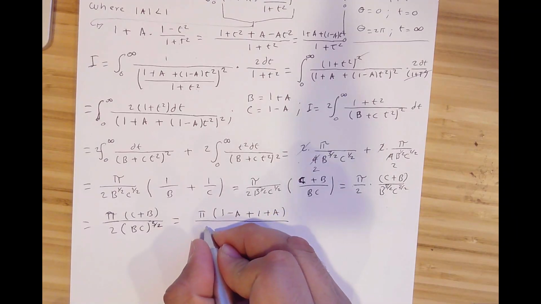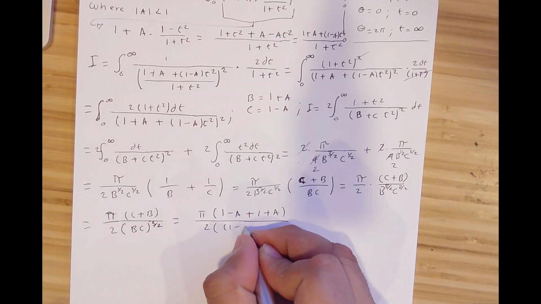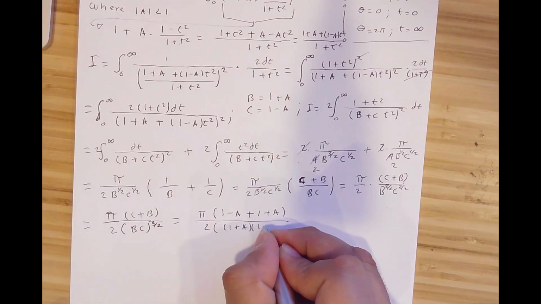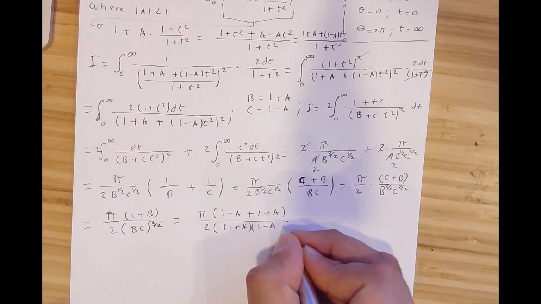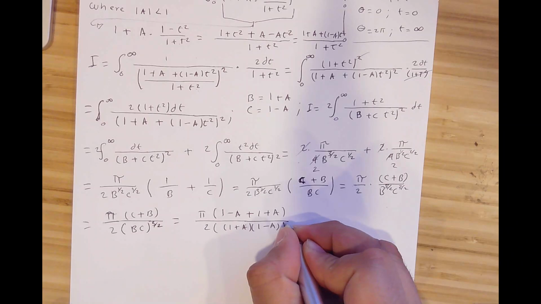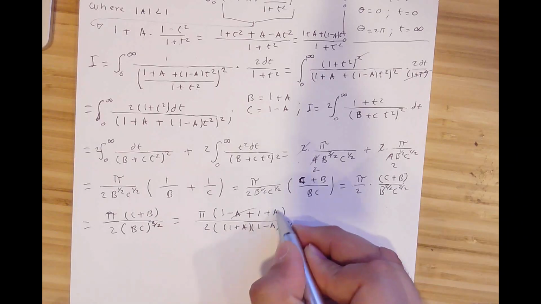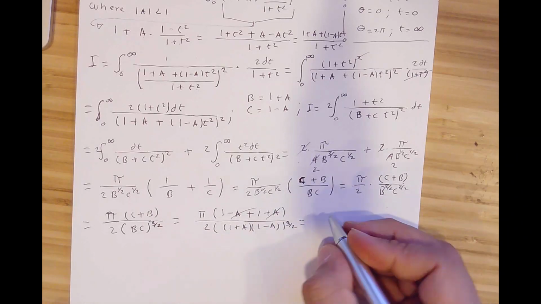We have here 2 that multiplies 1 minus a, sorry, everything elevated to 3/2.